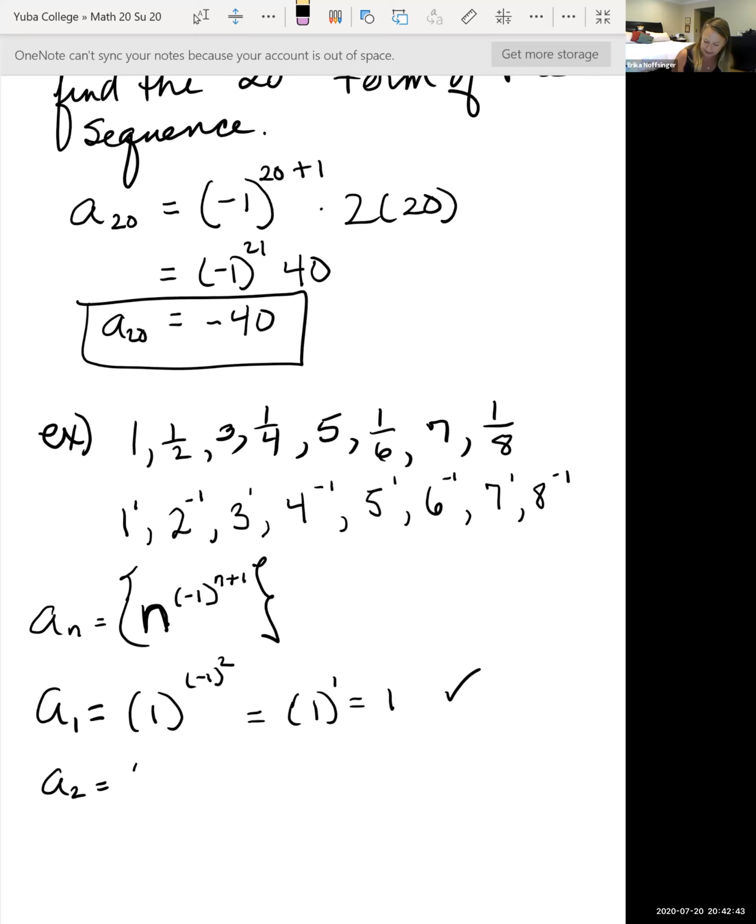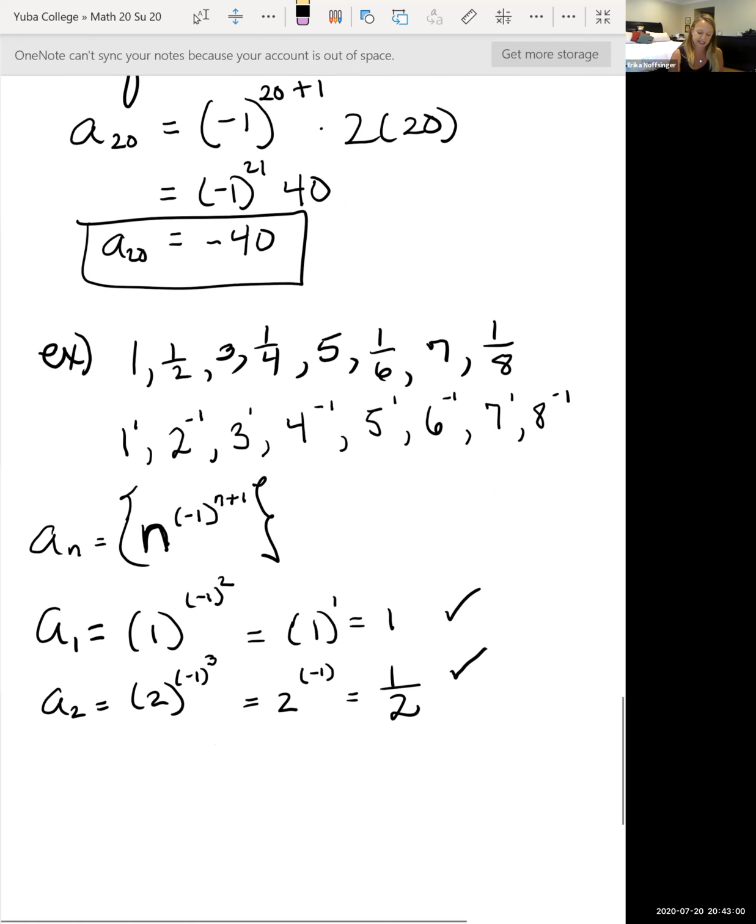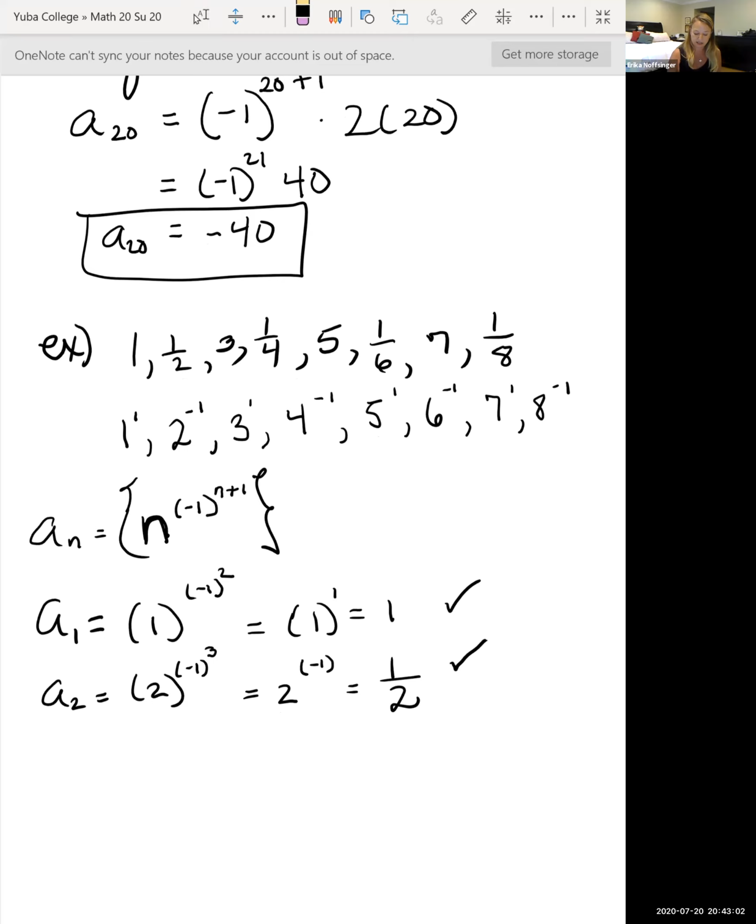Raise this negative 1 power to the 2 plus 1 power, which is cubed. So this is 2. Negative 1 cubed is negative 1. Rewrite a negative exponent as a positive, bring it down to the denominator. We get 1/2. So notice that this is going to get us what we want, and so we figured out what a sub n really was.